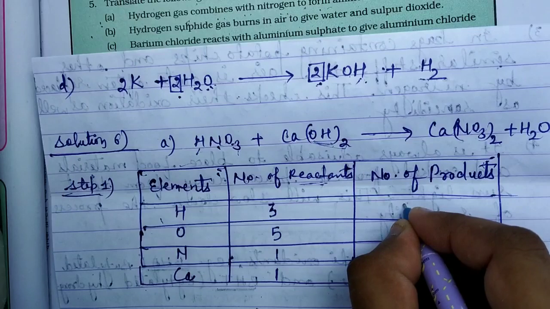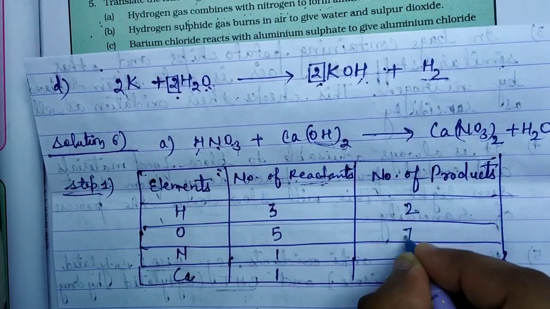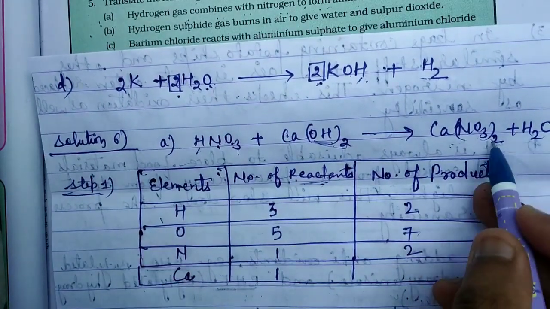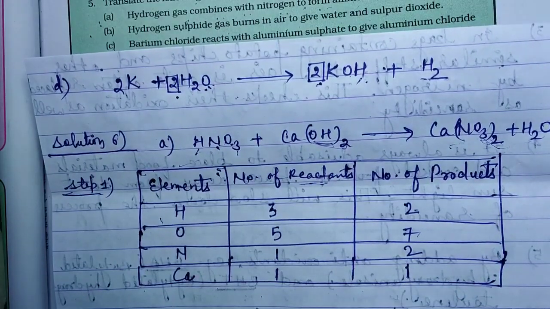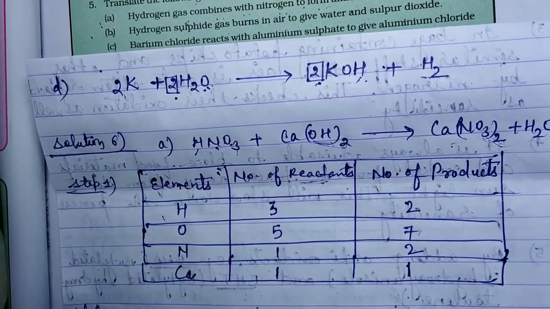For products, hydrogen is 2, nitrogen is 2, oxygen is 7, calcium is 1. Now we will follow step 2.